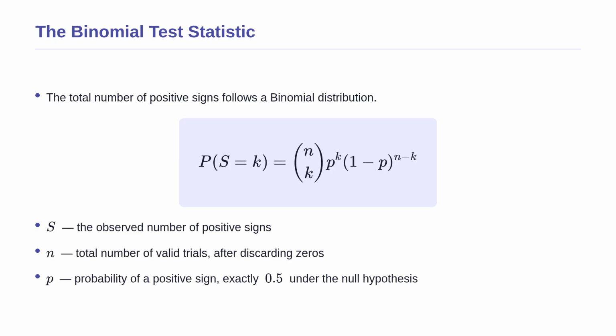The probability of observing exactly k positive signs is given by this formula. The symbol n is our total sample size after discarding any zeros. The probability of a positive sign on a single trial is p, which is always exactly 0.5 under the null hypothesis. If our observed number of positive signs has a very low probability, we reject our guessed median.